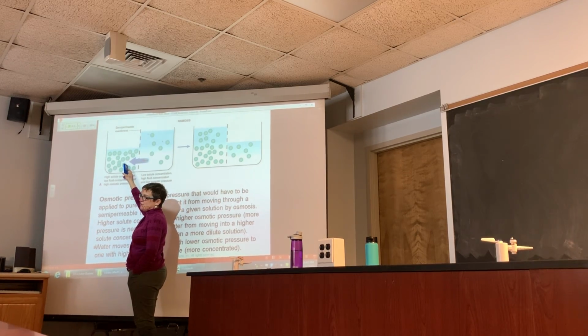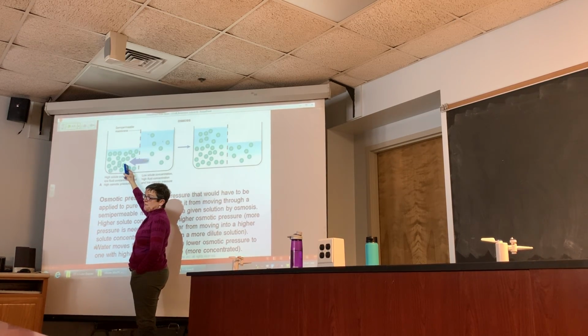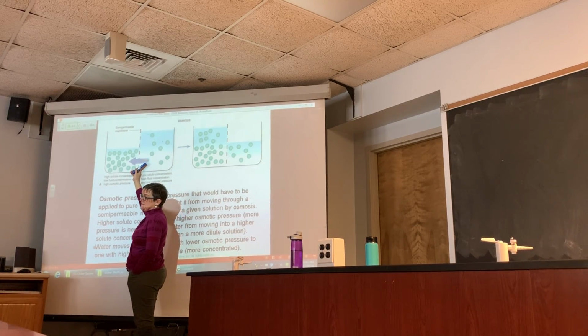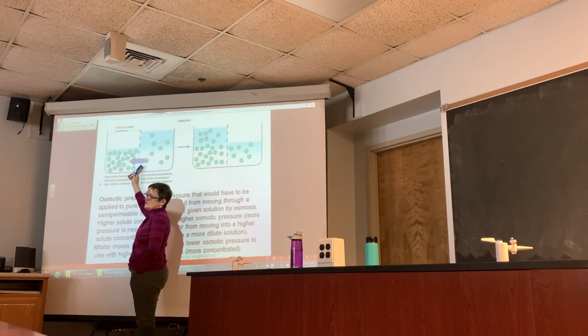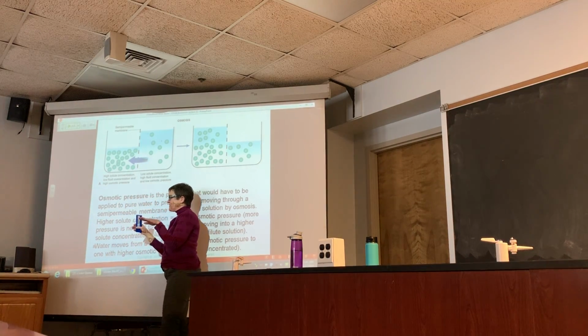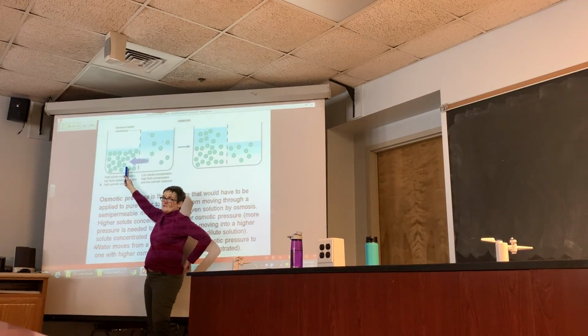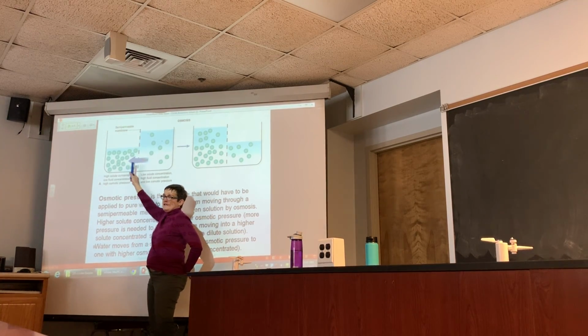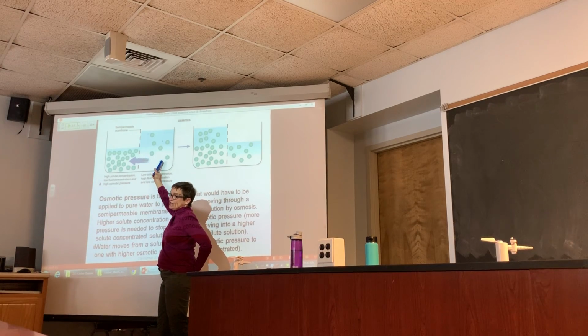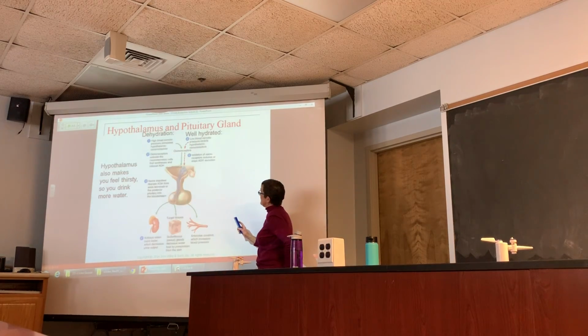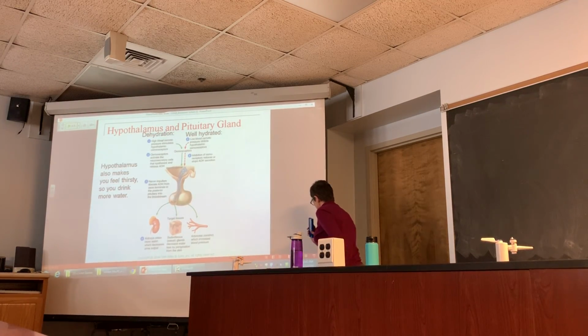When you become dehydrated, you concentrate your blood, so your osmotic pressure goes up. If you're well hydrated, or you have too much water in your blood, your osmotic pressure goes down. You want to be at just the right level of osmotic pressure. That's isotonic. If you get dehydrated, your osmotic pressure goes up. If you drink too much water, your osmotic pressure is going to go down below normal. And that's what ADH does. It tries to maintain osmotic pressure.